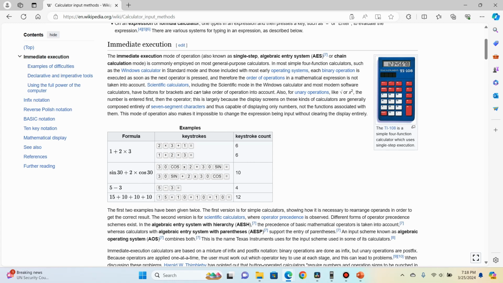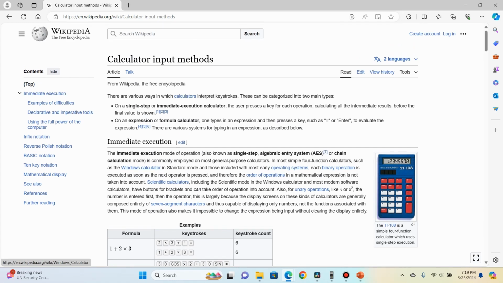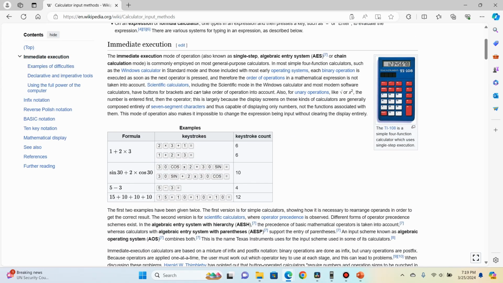Well, if you understand the order of operations, you know that multiplication has precedence. But the issue is a lot of very inexpensive calculators, simple four function calculators, use single step execution, meaning that you have to already understand that multiplication needs to be done first.